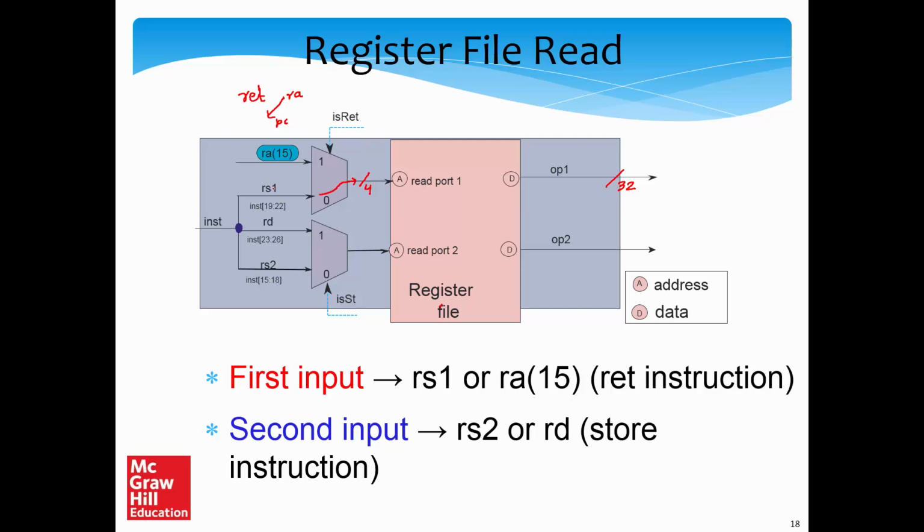Once again, what does this multiplexer do? It chooses between RS1, which is the first source register, and 15, which is the default source for the ret instruction. The ret instruction does not need RS1, so we can get away with this. This goes to the address port of read port 1 of the register file, and then we read the data out, and this value we will refer to as OP1.